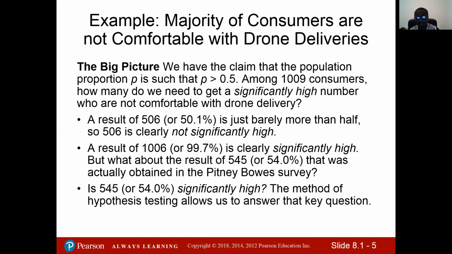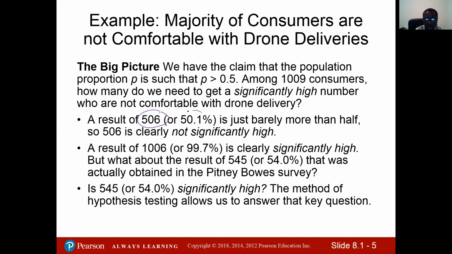When you have the claim that the population proportion is greater than 50%, among those surveyed, assuming that you have 506 of them said that they were not comfortable having the drone deliver their purchases.